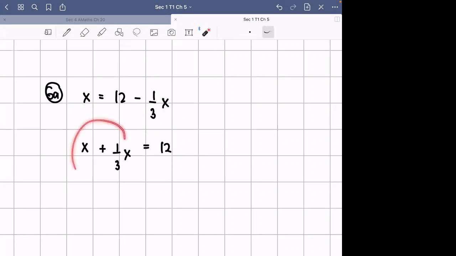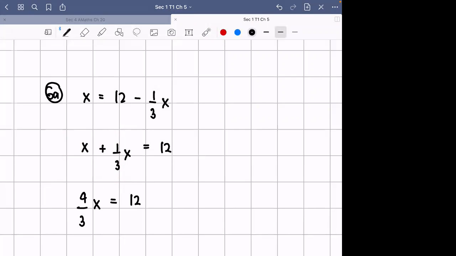Now, what is x plus 1/3 x? Okay, there's an implied 1 here. So basically, it's 1 plus 1/3. So what is 1 plus 1/3? You got 4 over 3 and then x equals 12.